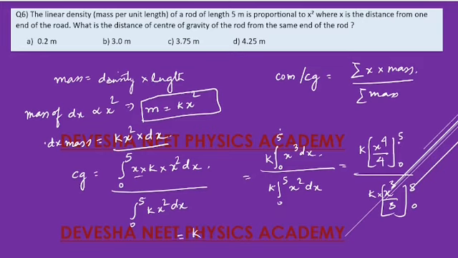So x to the power 4 is nothing but 5 to the power 4, and that is 625. So this is equal to 625 by 4 divided by x cube by 3.